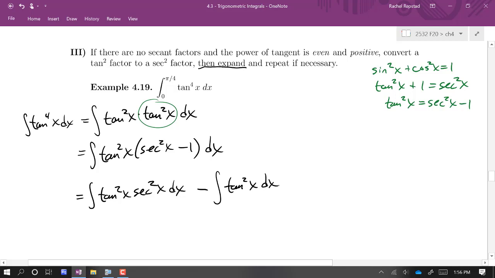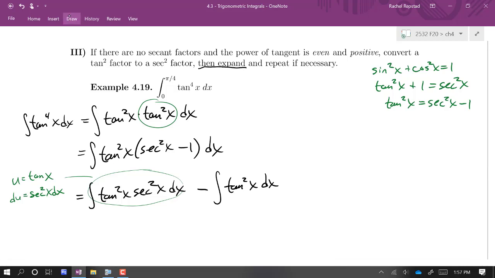And now we just want to reevaluate where we are, see if we know how to do these integrals. The first one, tan squared secant squared, that's one that we do know how to do. A simple u substitution will work on that because the derivative of tangent is secant squared. So this one we can do by letting u equal tan x, and then du is secant squared x dx.